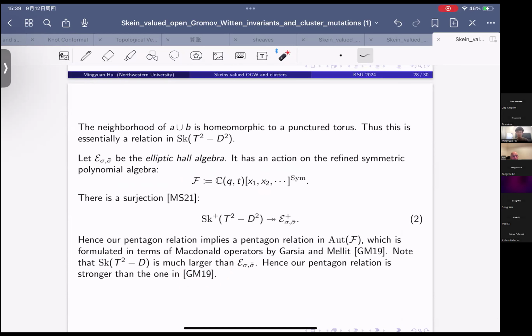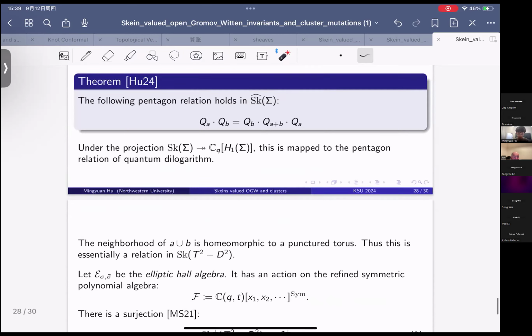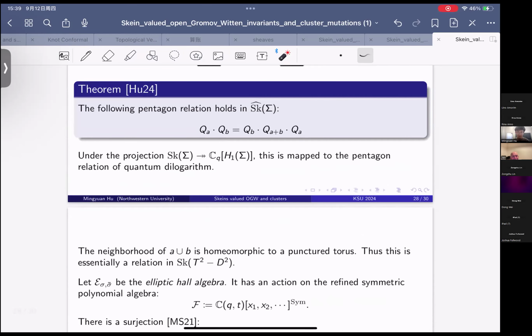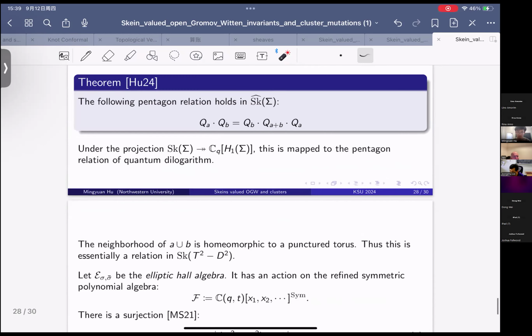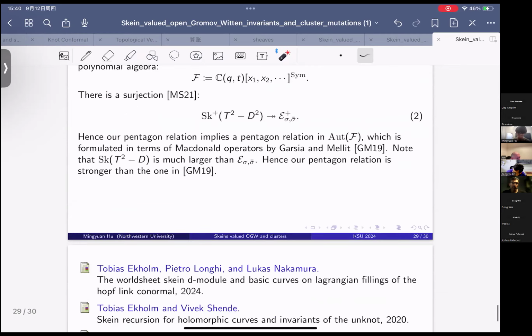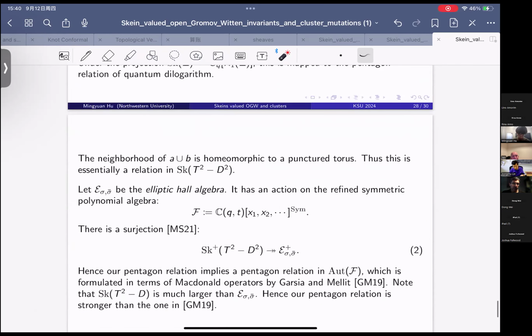Yeah, so let me ask. I asked already many questions, but let me ask you sort of a stupid question, because you mentioned this Mellit and Garsia paper. Technically, it's not related to the affine Grassmannian, it's pure combinatorics.